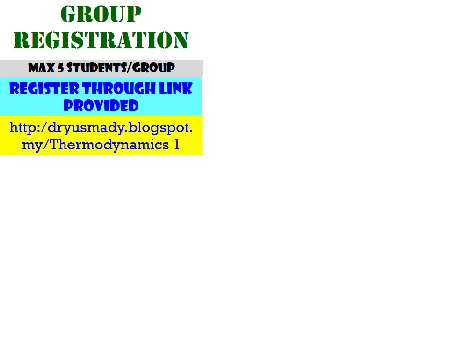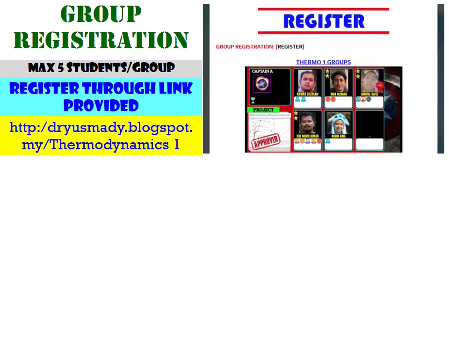Just type Dr. Yusmady blogspot, blogspot.com, Thermodynamics 1. You need to find the section for registration as shown in this slide. You need to click the link for the registration for your groups.